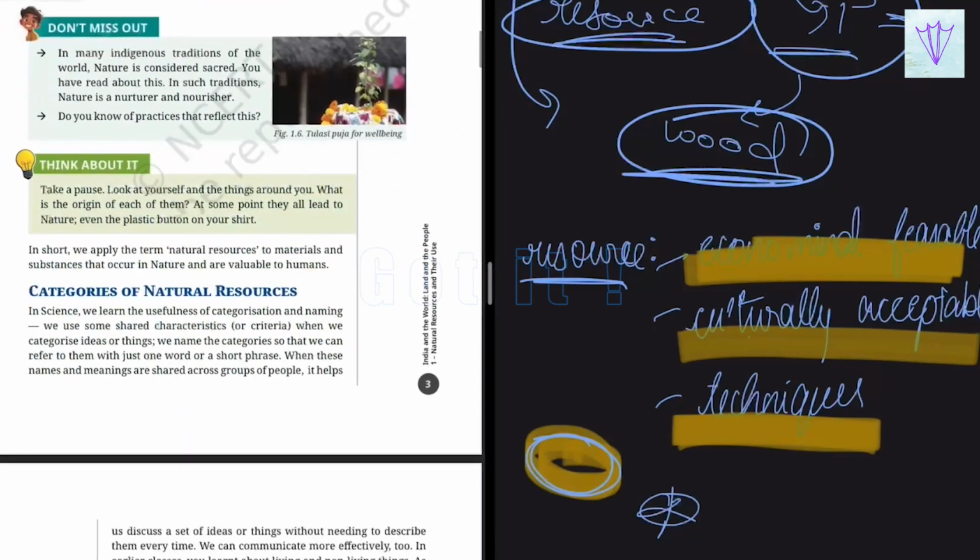In short, we apply the term natural resources to materials and substances that occur in nature and are valuable to humans. Basically these are the three important points for something to be called a resource. In simple terms, natural resources are the substances that occur in nature and which are valuable to humans, that make our lives easier, or they are the things which make us live.